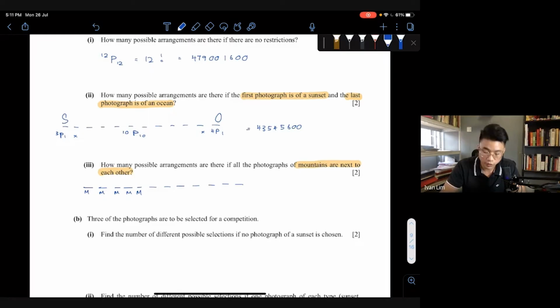Then how else can we move? We can start from position 2 to here also.